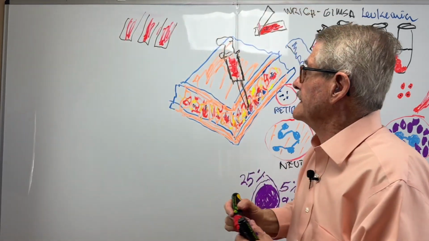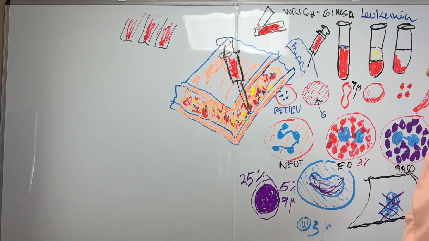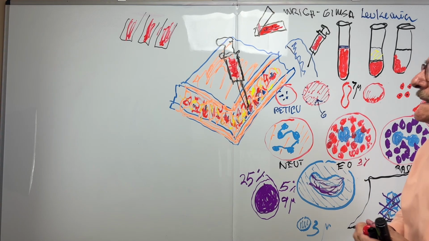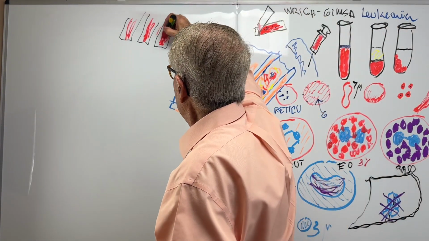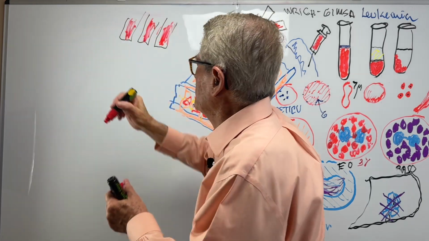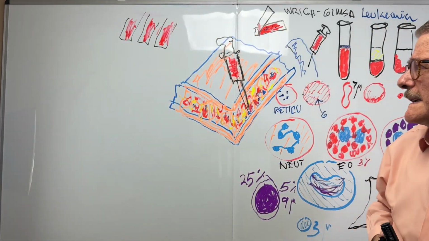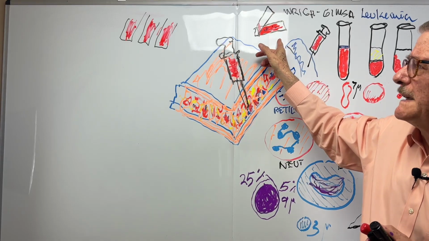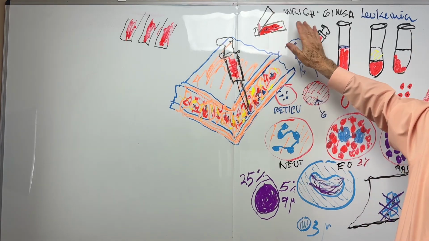Now, obviously, you have to stain it with the right Giemsa. This is not looking too well. Let me do it like that. When you look at the smear, a bone marrow smear is different from a blood smear. This is more smooth.